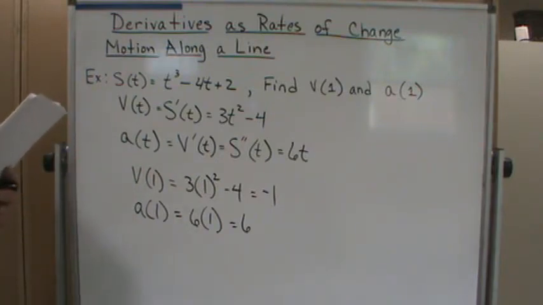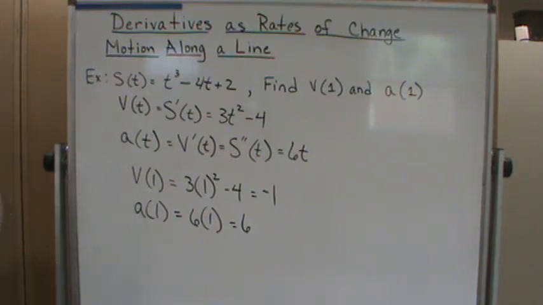So okay, now here's the question. The first question says, is the particle moving from left to right or from right to left at t equal to 1? Okay, so now, what is the information they give us? The particle is moving along the x-axis in the positive direction to the right. Its position at time t is given by the s of t function.